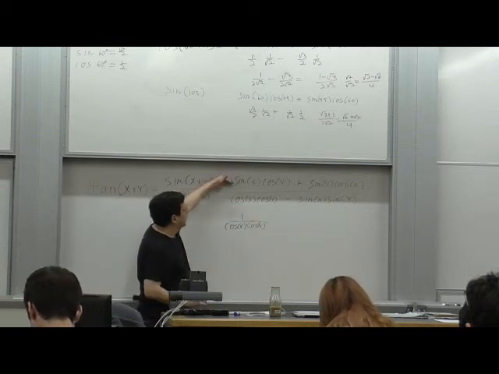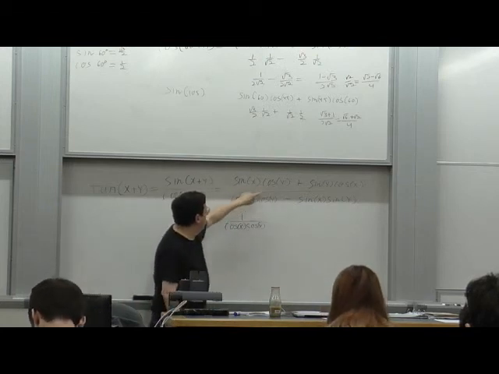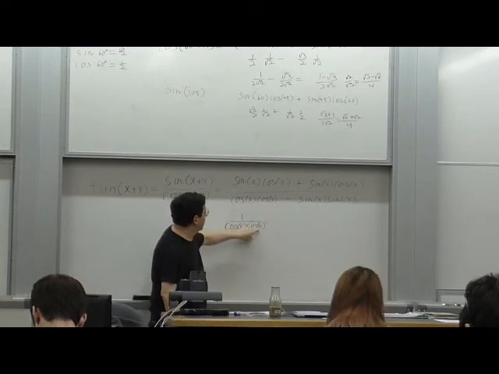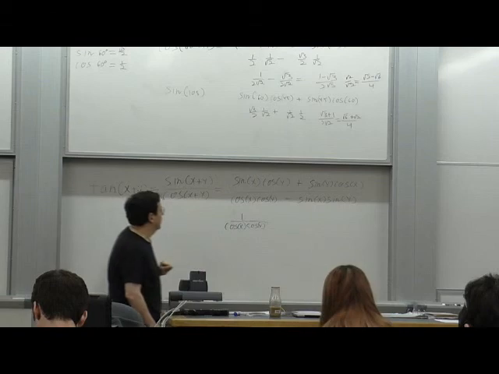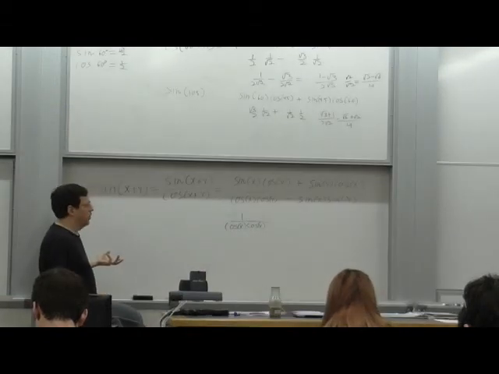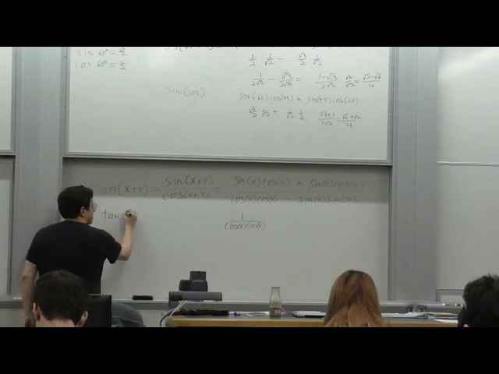We're going to multiply the top and the bottom by this fraction. So we do a little hand waving here. Sine x cosine y over cosine x cosine y. Well, the cosine y is going to cancel. So that's sine x over cosine x. What's sine x over cosine x? Tangent of x.